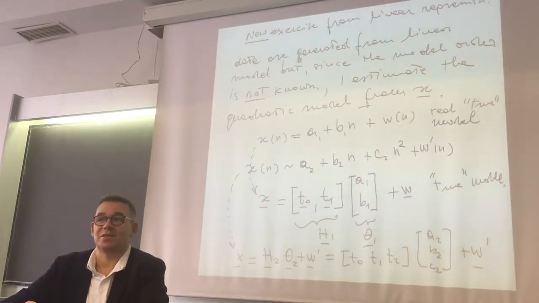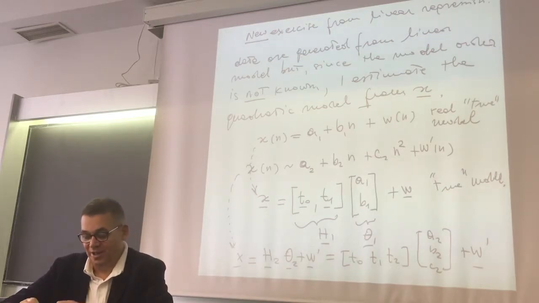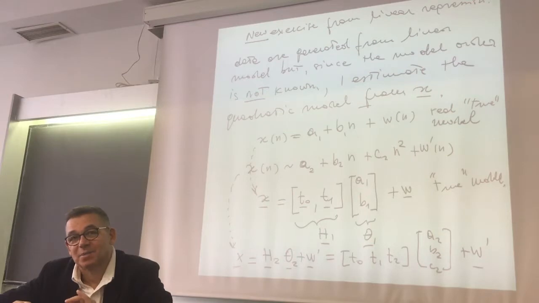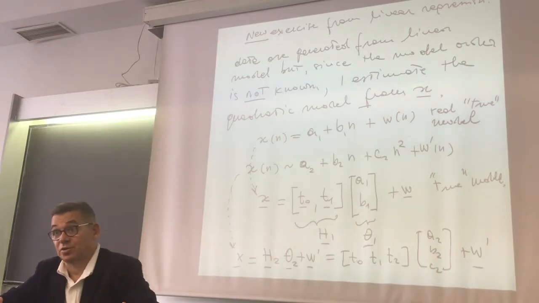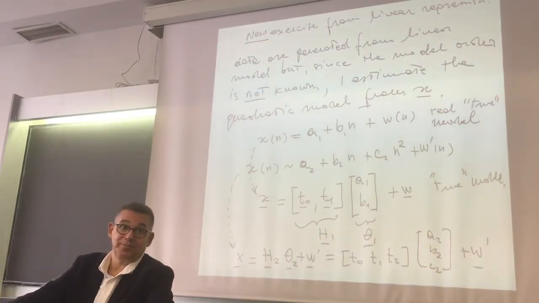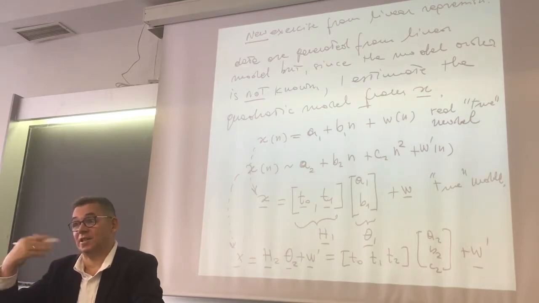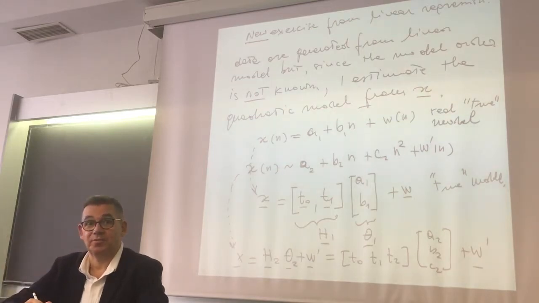I expect that the quadratic term is 0. This exercise is to prove to you that because you are estimating with 3 terms instead of 2, you are making an error. When you are over-parameterizing the model, you are making an error.